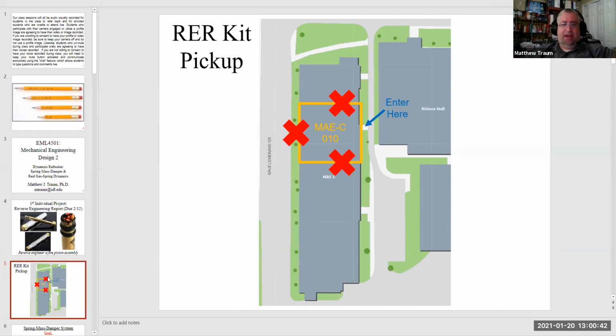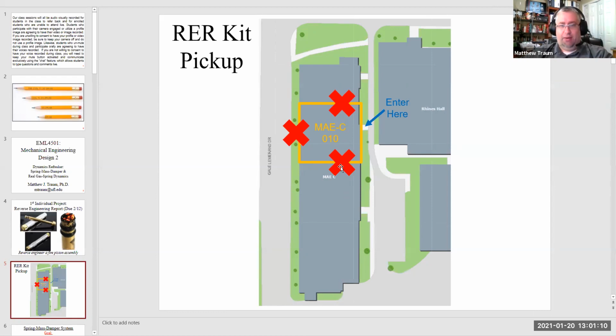What we've ended up doing is, there are four ways to get into the design lab, and we've locked and blocked the doors so that only one entrance is accessible from the outside for you. You could conceivably come in through DML, but that door should be closed. You could also potentially come in from the south side, where Mike Griffiths' office is, at central receiving, but that door is also closed.